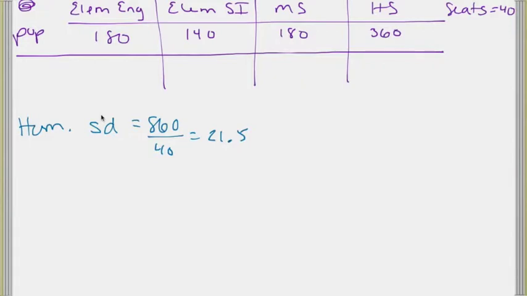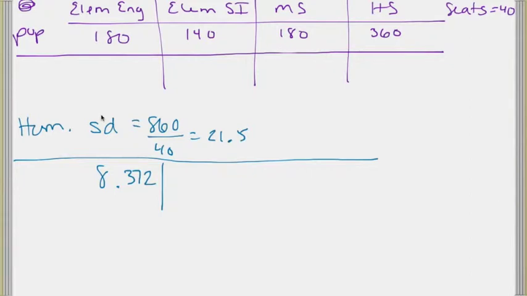So then what we need to do is find the quotas for each of them. To find the quotas, we take their population and divide by that standard divisor. So 180 divided by 21.5 is 8.372. 140 divided by 21.5 is 6.512. 180 we already did, again 8.372.